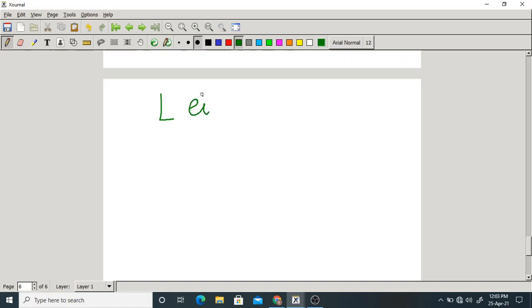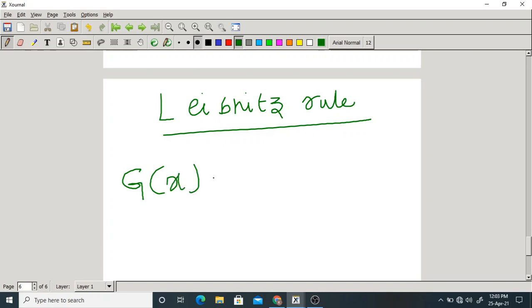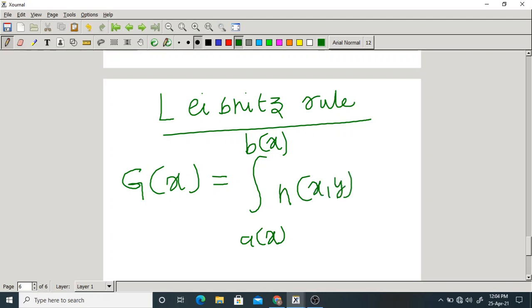I'll write this rule for your understanding, and later you can use it. Suppose g of x is given as the integral from a of x to b of x of h of x comma y dy.